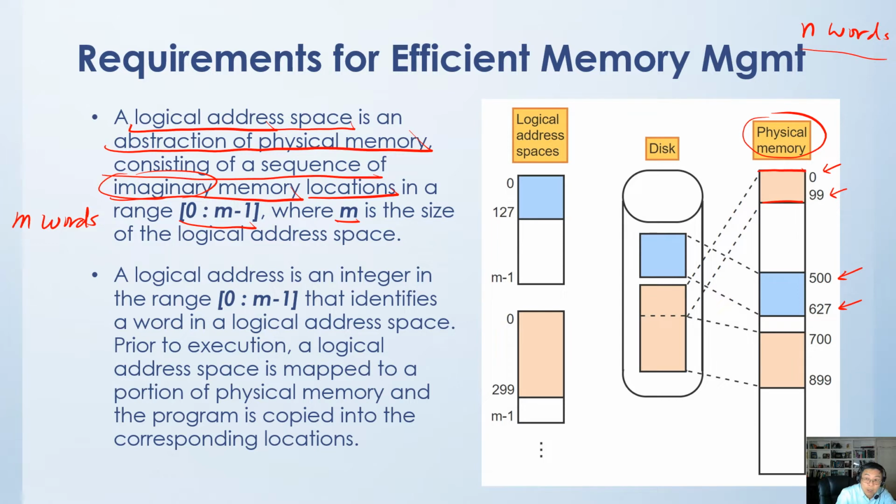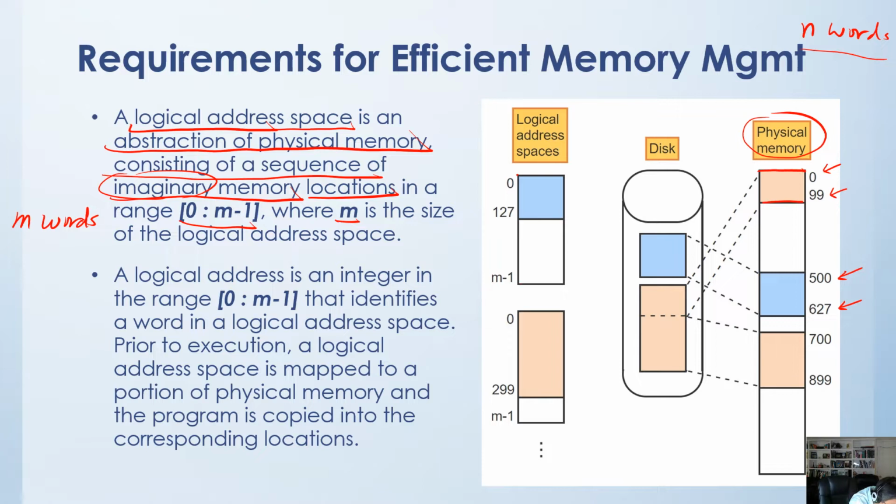Actually, multiple logical address spaces are provided, with the possibility of different address ranges. So that means the logical address space is not unique. It's not like the physical memory space. There's only one physical memory, but we may have multiple logical memory spaces. For example, here we have one memory from 0 to m-1.